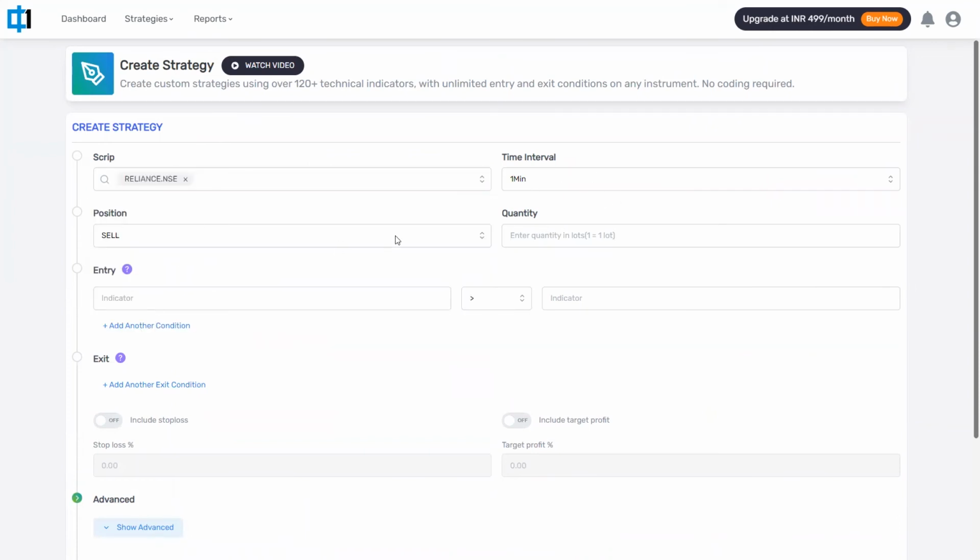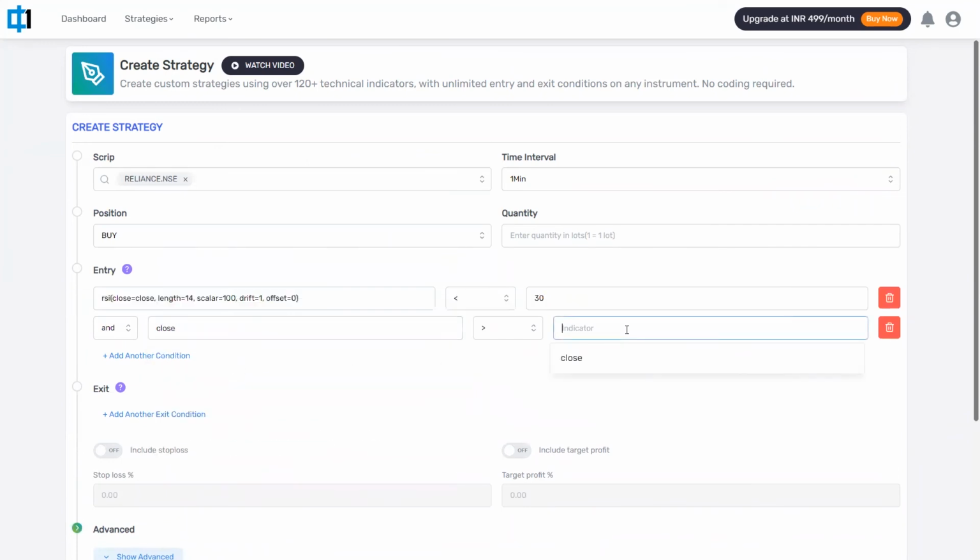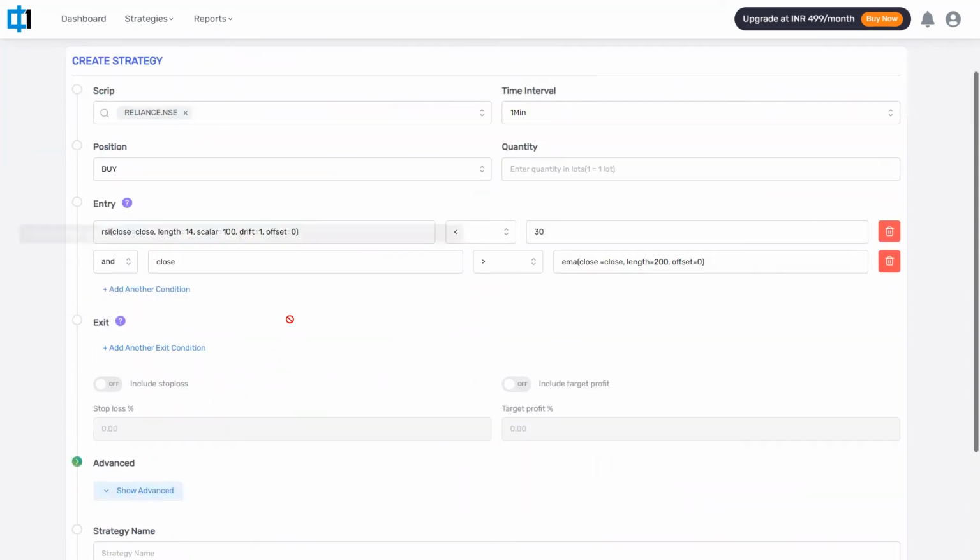Let's say I want to buy when the RSI, I'm just thinking of a very simple strategy, RSI less than 30 and my close is above the EMA of 200. I'm overall trending positive, but my current RSI is oversold.